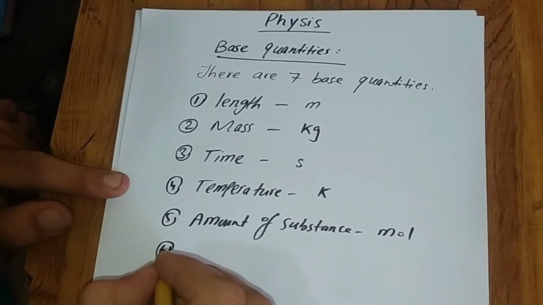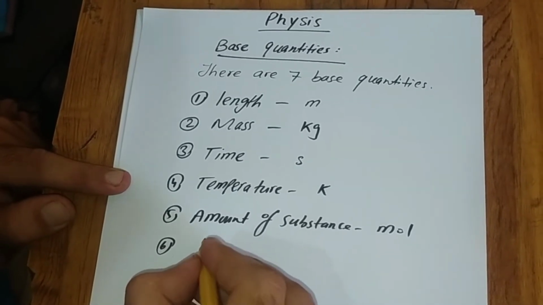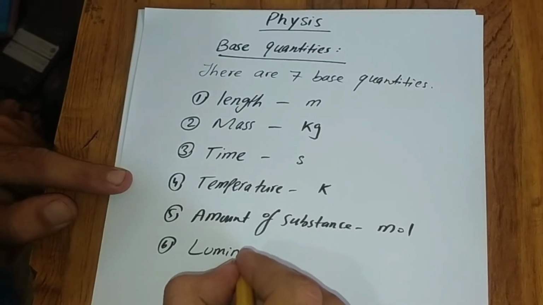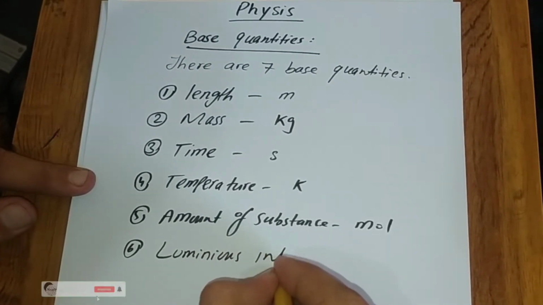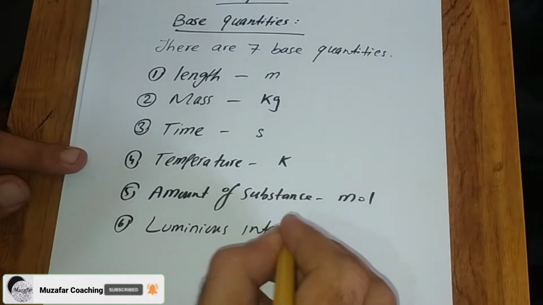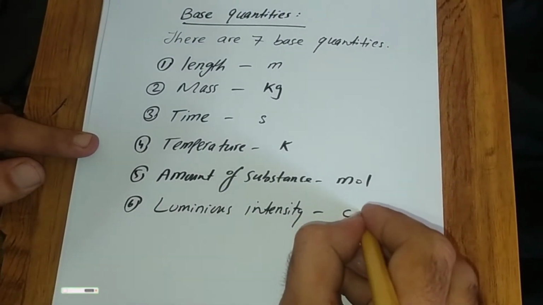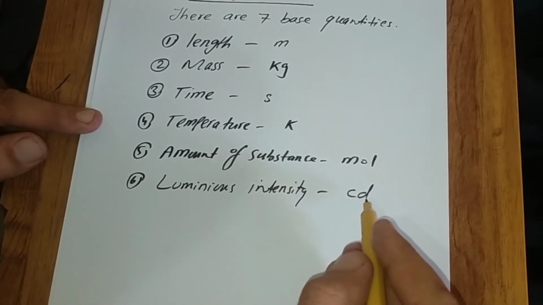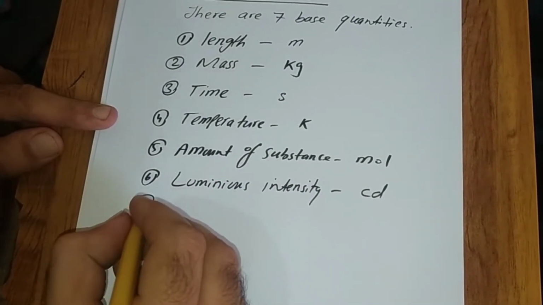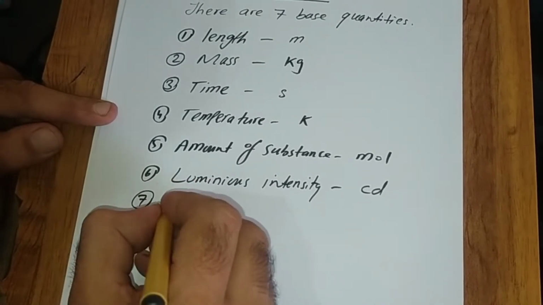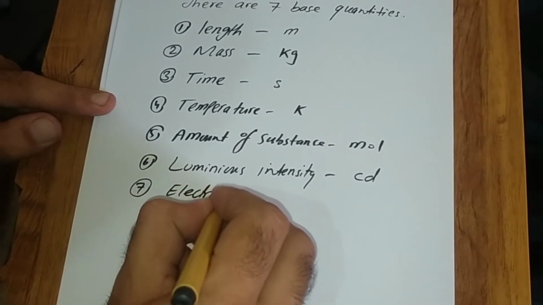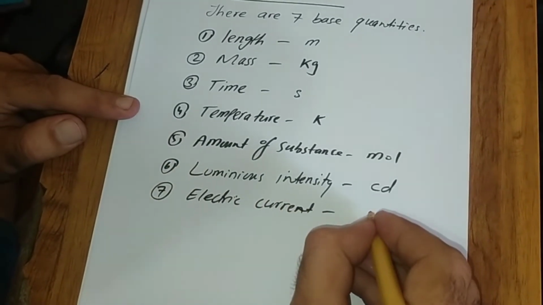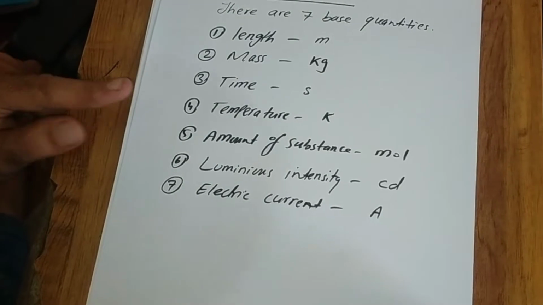And number 6 is luminous intensity, and its unit is cd, in short, we can write it cd. It is called candela. And number 7 is electric current, and its unit is ampere, which is in short written as A.